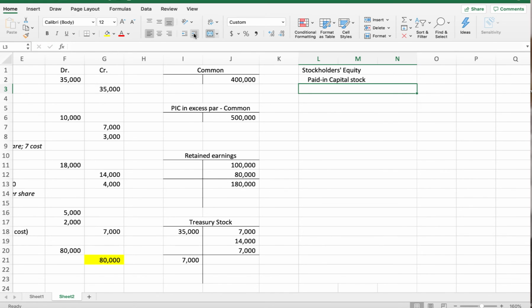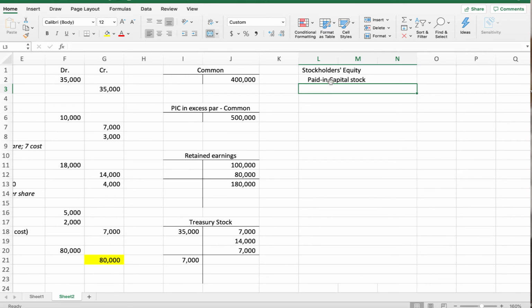Then we indent 3, 1, 2, 3, and then we list our stocks that we have, right? We have our paid in capital. So we have common stock that's associated with that capital stock. We have additional paid in capital, which is part of that paid in capital. And then we have retained earnings, and then we have treasury stock that we need to account for, okay?